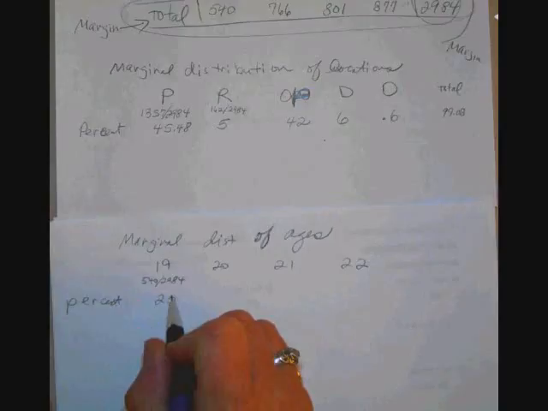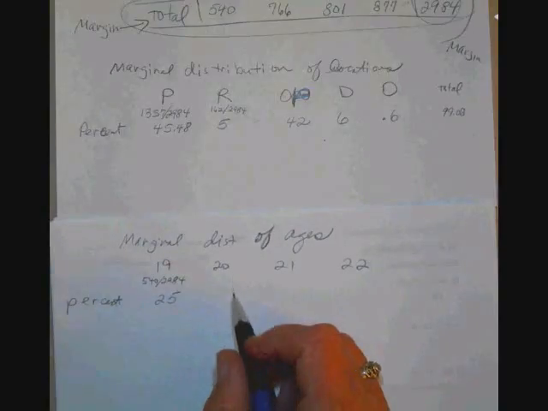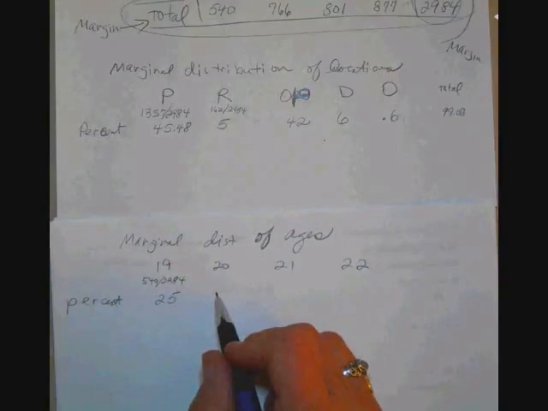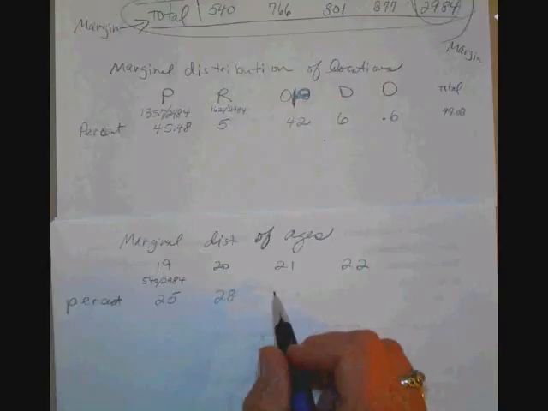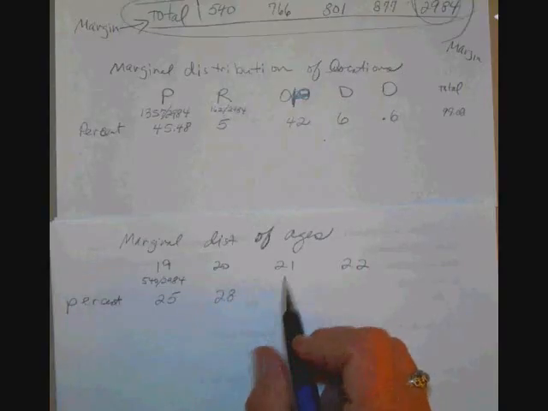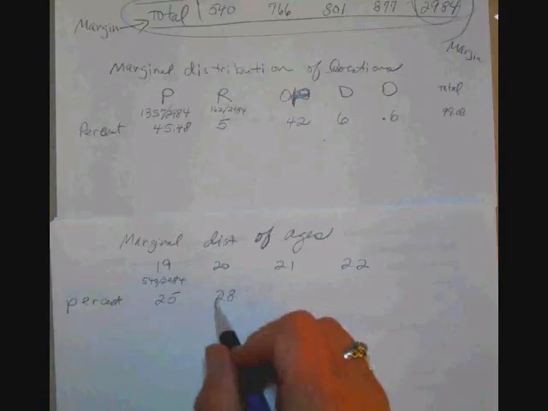What percent were 20-year-olds? 28? 21-year-olds? 18.1?